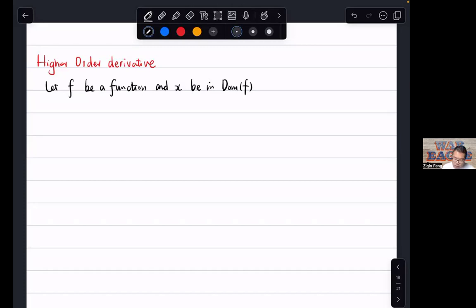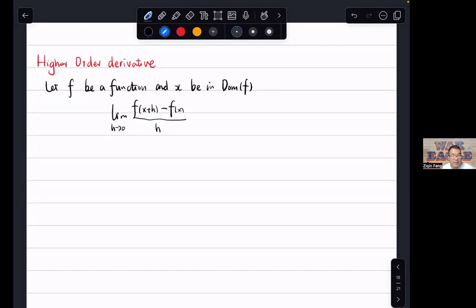So just evaluate this limit as h goes to 0, f of x plus h minus f of x over h. That's a limit. Because x is in the domain of this function, we can evaluate such a limit.